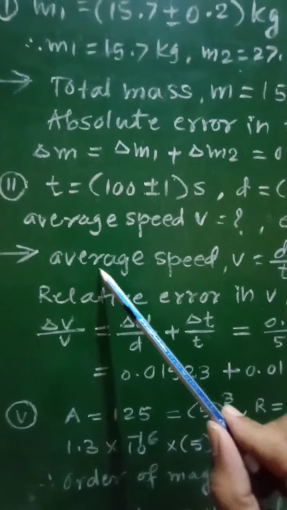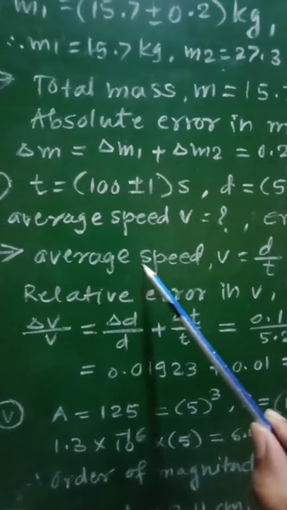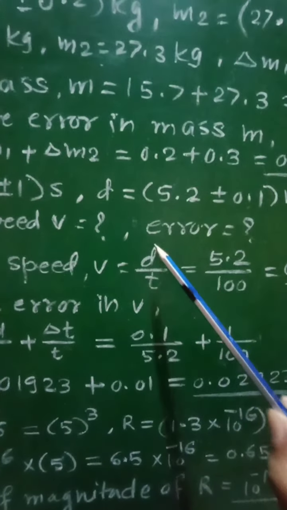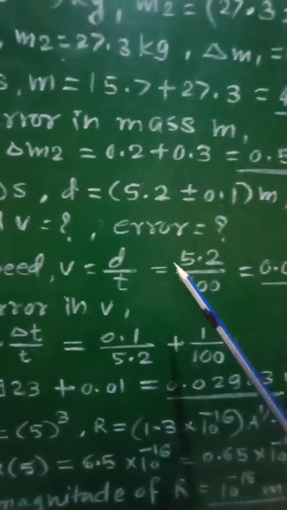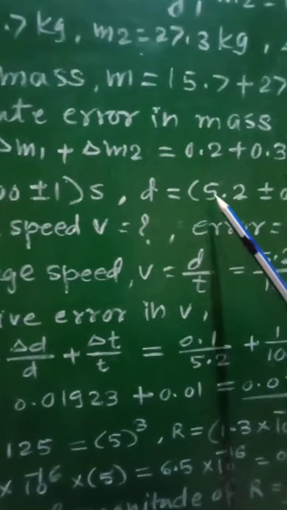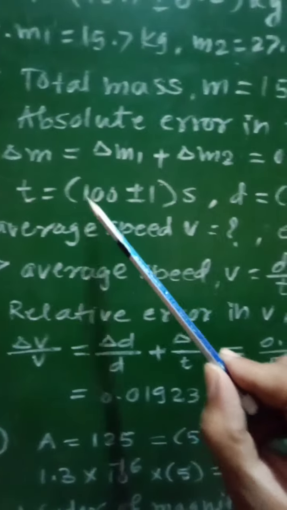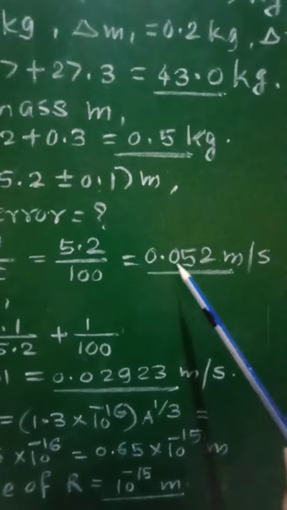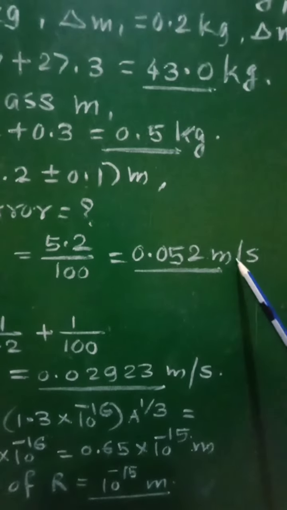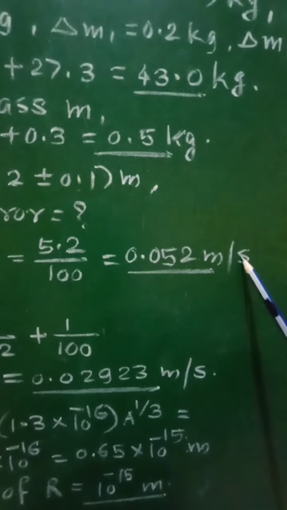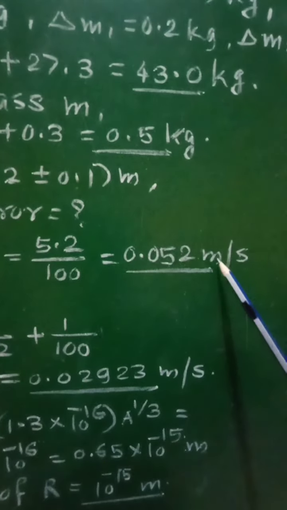So the average speed phi will be equal to distance traveled upon time, that is d by t. So that will be equal to 5.2 upon 100, that will be the value of d by t, which comes out to be 0.052 meter per second. So this will be the value of average speed.